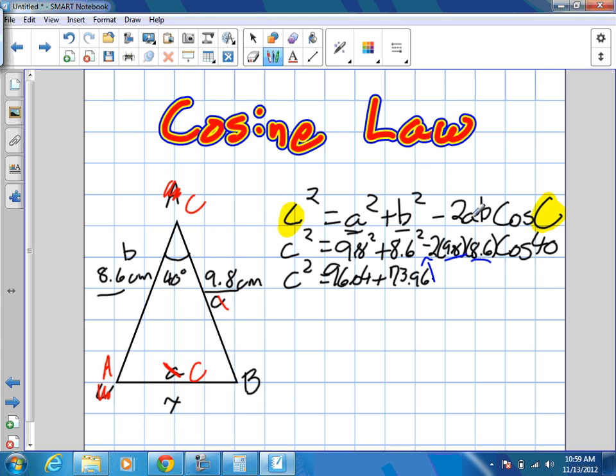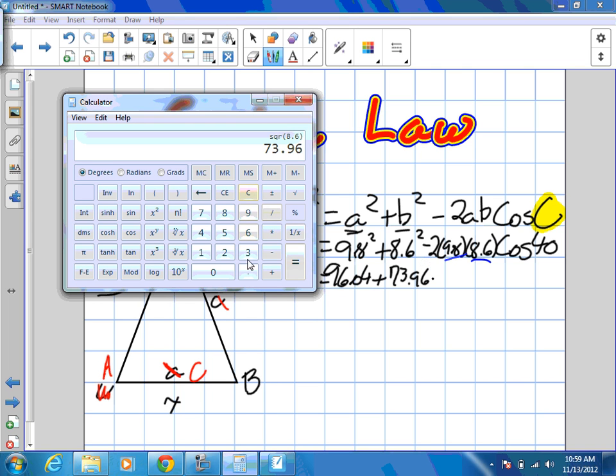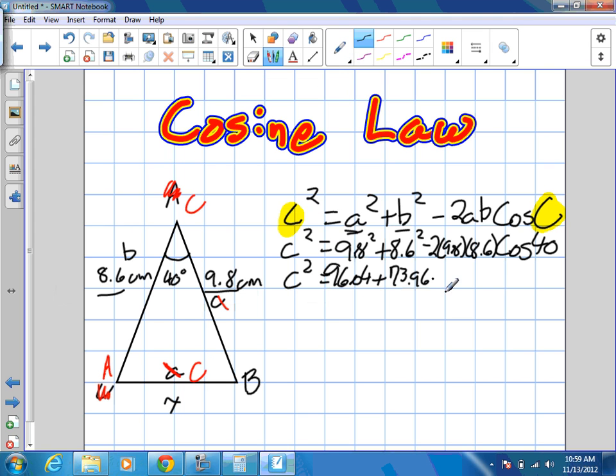So negative 2 times 9.8 times 8.6 gives negative 168.56 times cos 40. We're not going to evaluate cos 40 yet.